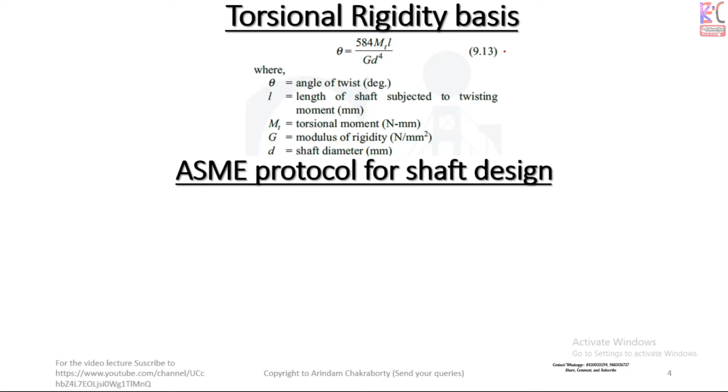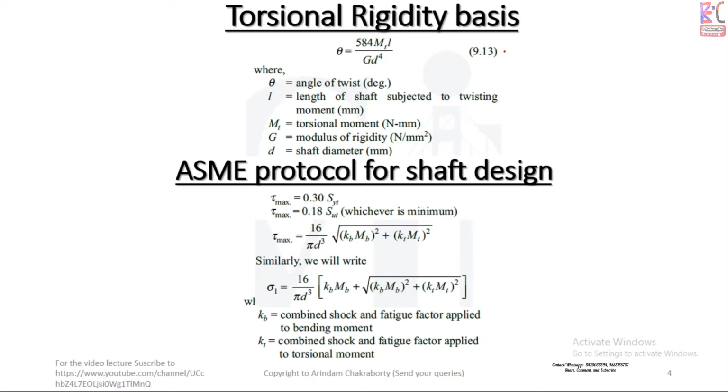So what is the ASME protocol for shaft design? The ASME protocol says that you have to introduce two things, that is Kb and Kt. Kb is a factor or multiplier which will help to connect the practical body with theoretical things.